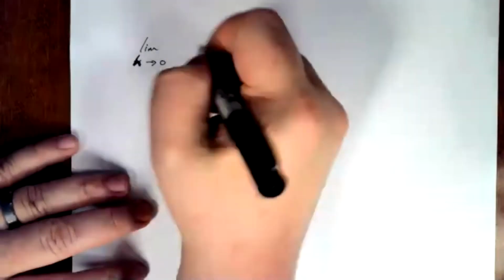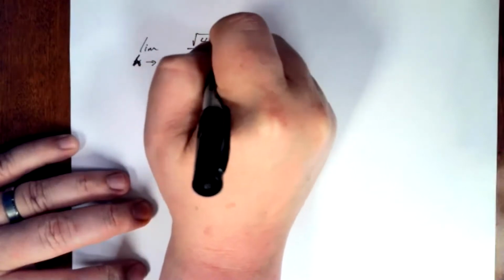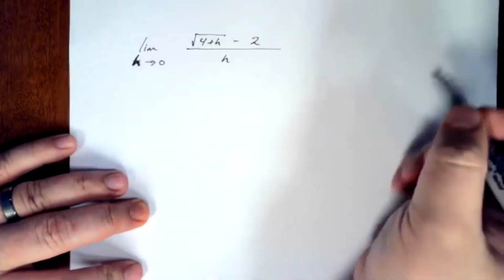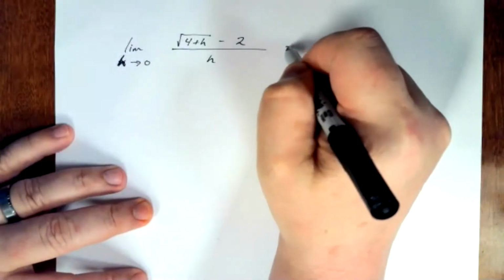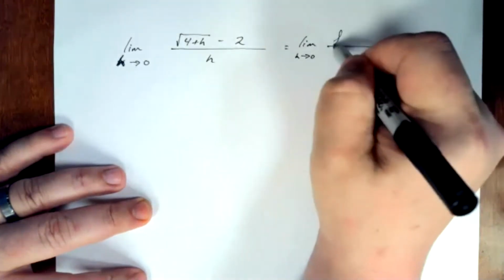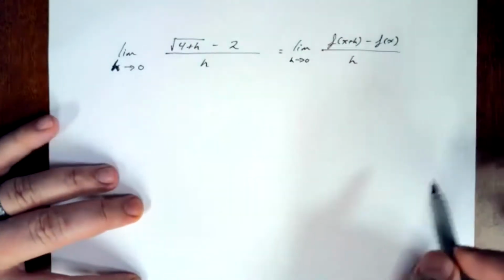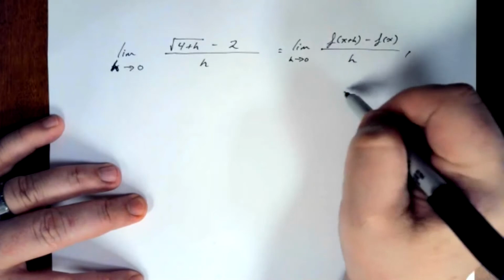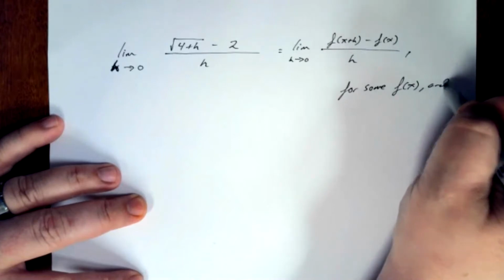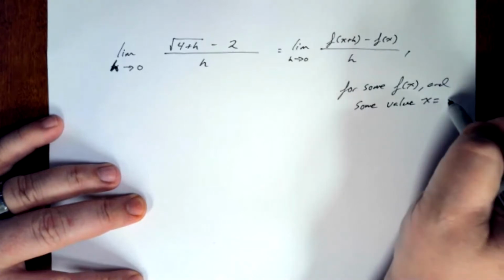All right. So if I told you that this was the limit as h approaches 0 of f of x plus h minus f of x for some value of c, for some f of x and some value x equals c.